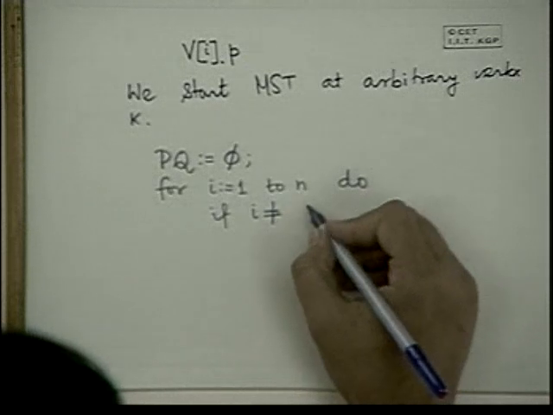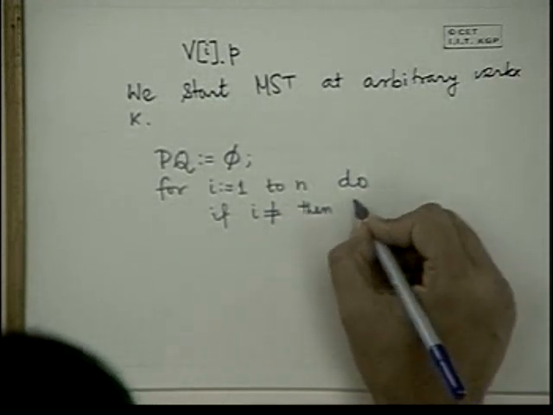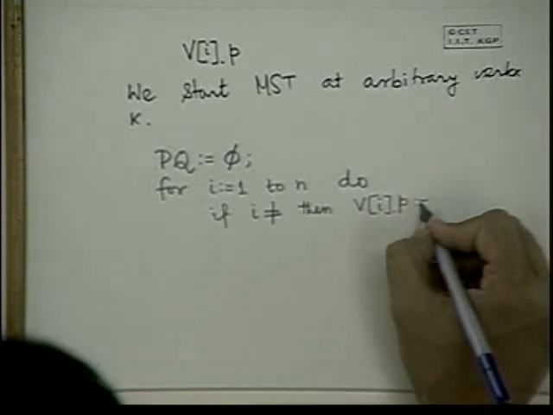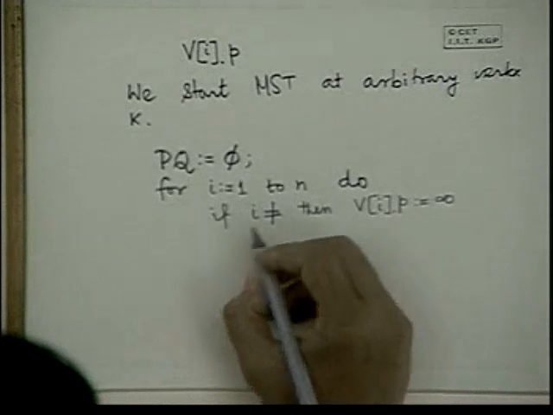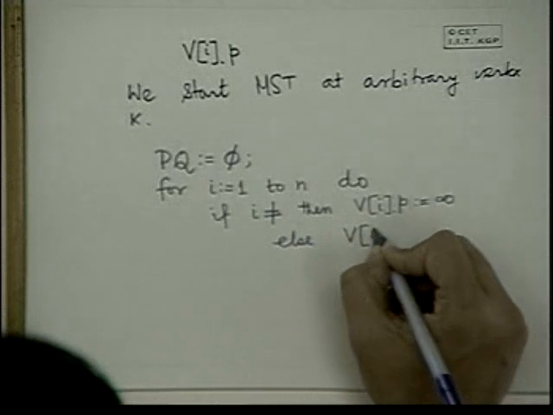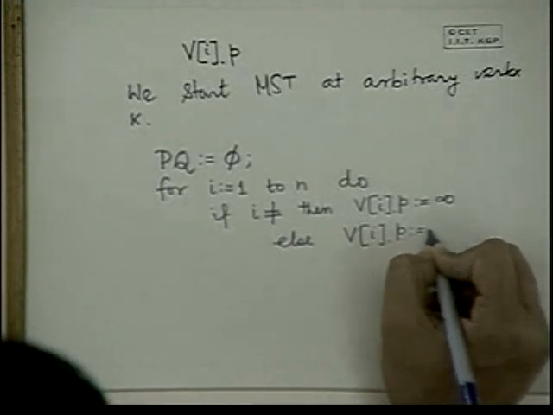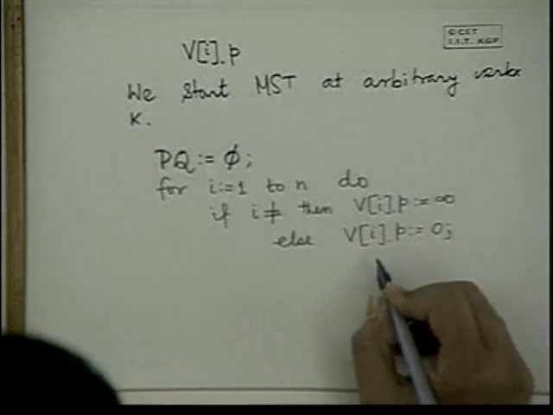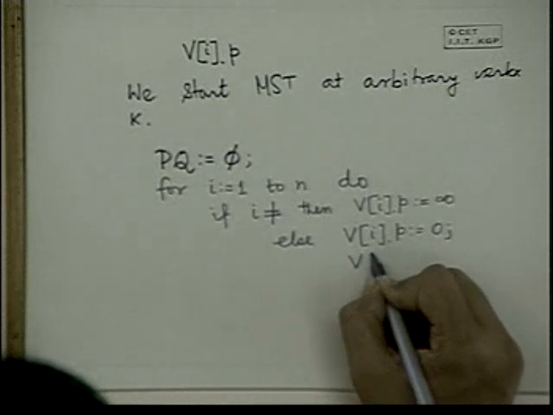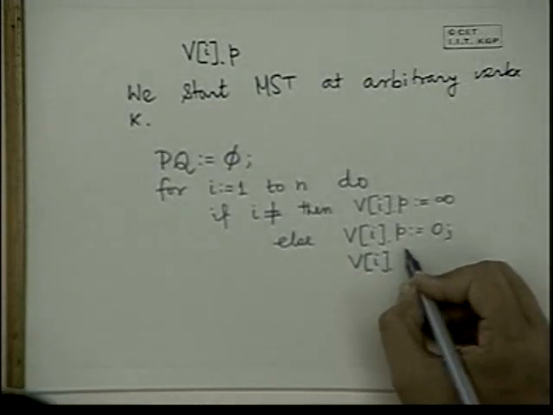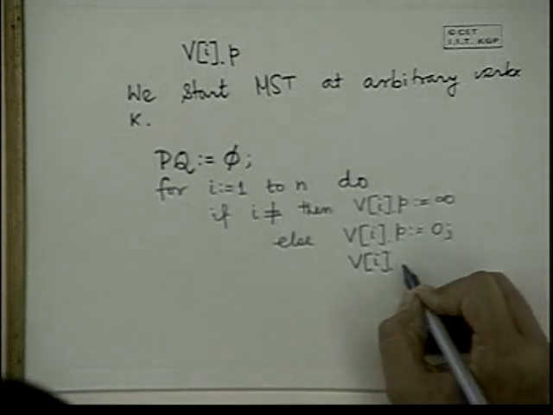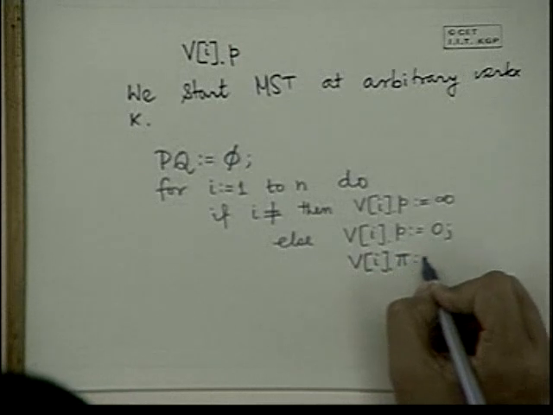So if i is not equal to k, then you put the priority of that vertex as a very large priority, infinity. Else, put that priority as 0. So basically this step guarantees that you get 0 priority only for k, and every other vertex has priority infinity. And vi.pi is equal to nil.